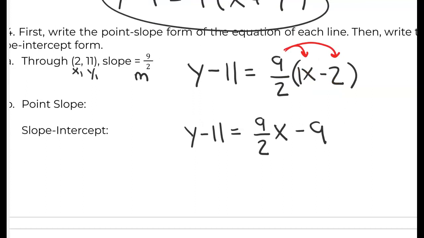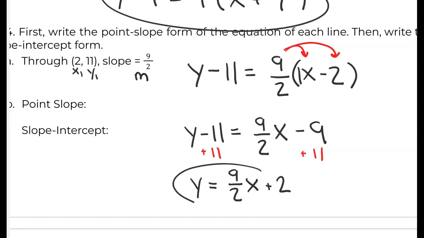Well, we need y equals mx plus b, so we want y by itself, so you'd have to add 11 to both sides. We have to add this 11 with the 9, because those are like terms. So we add 11 to both sides. We say now y is equal to 9 over 2x plus 2.